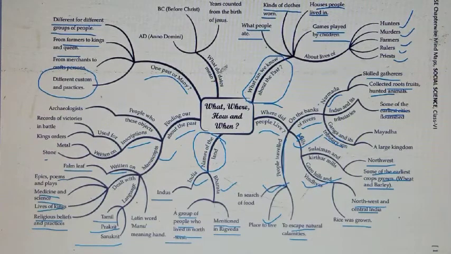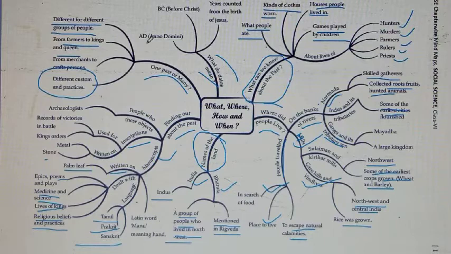What do dates mean? Now we are talking about dates. Date means AD, Anno Domini, and BC, before Christ, which were used earlier. Now we use the new terms, CE, Common Era, and BCE, before Common Era.